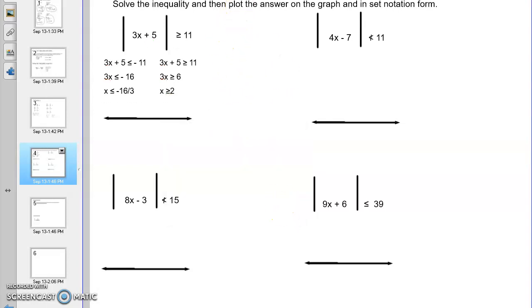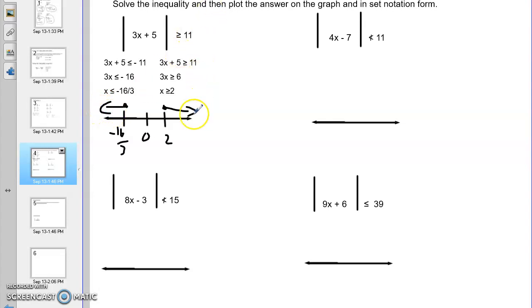Now when I go to graph it, every greater than graph is going to look like this, where you have negative 16 over 3 here, 0, and 2. Since it's greater than or equal to, it's a closed dot, and we're going to the right. It's a closed dot at negative 16 over 3, and we're going to the left.